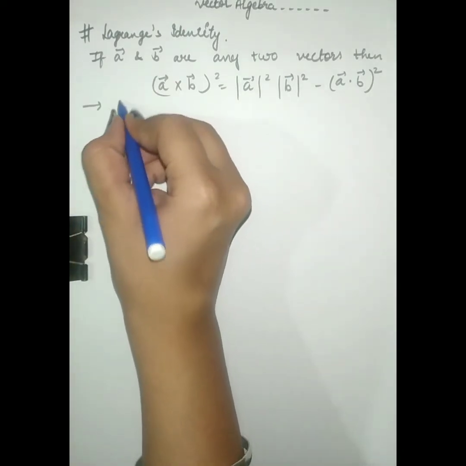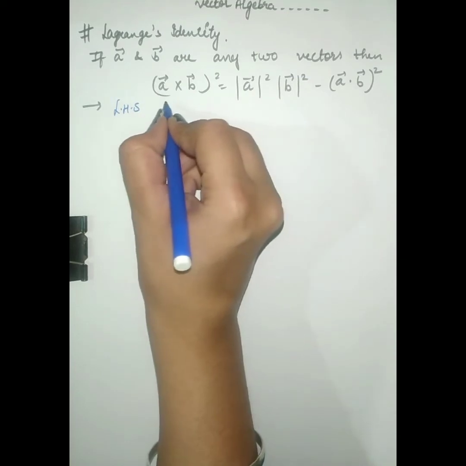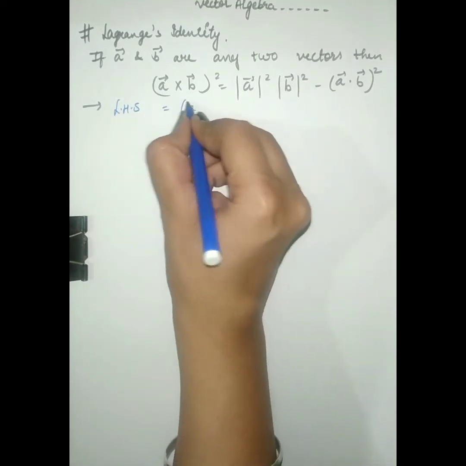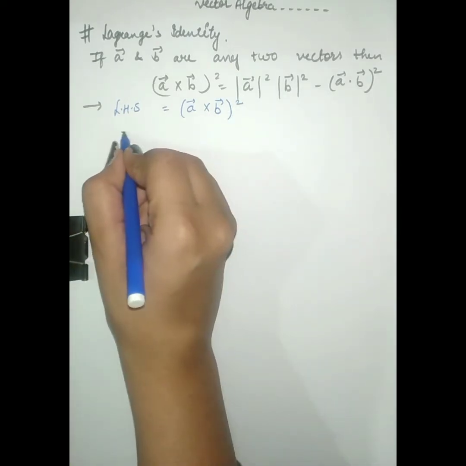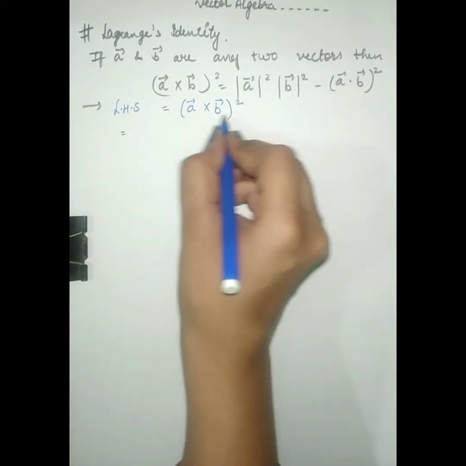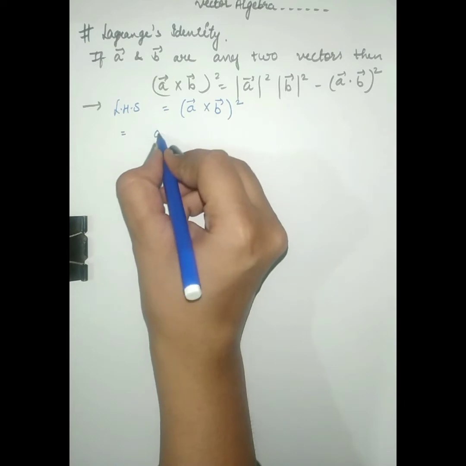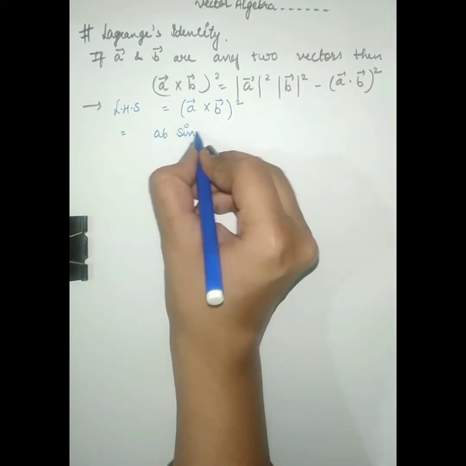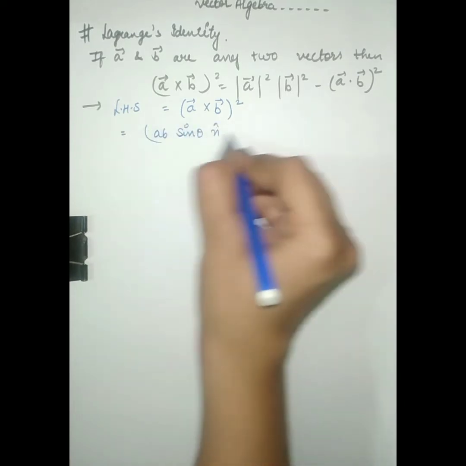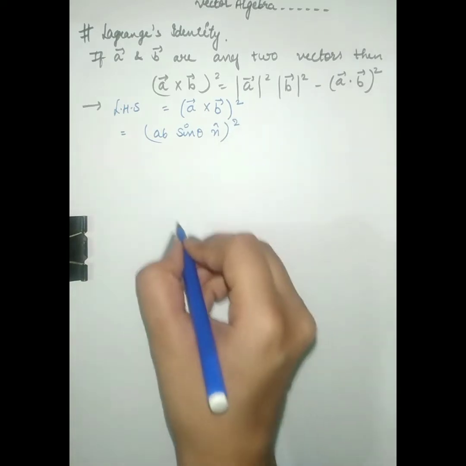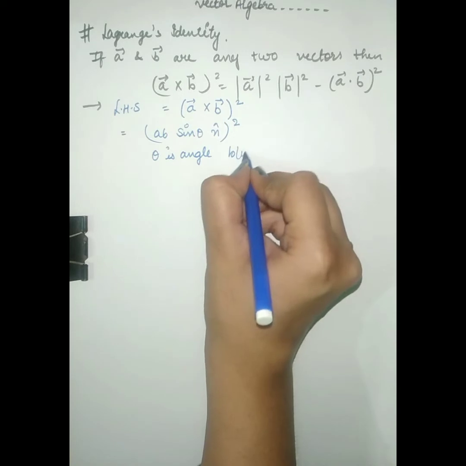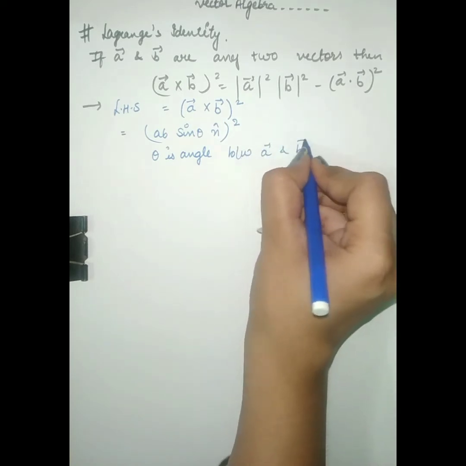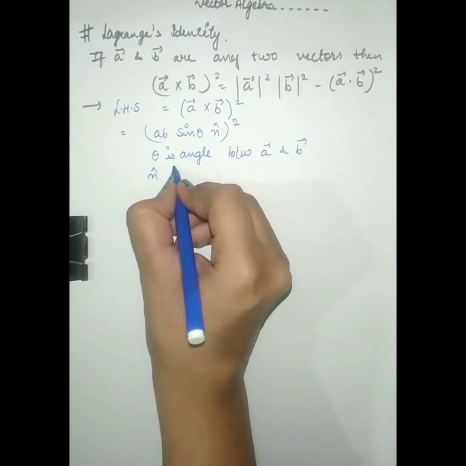For proving, we have to take the left hand side, which will be equal to A vector cross B vector whole square. And we know that the cross product of two vectors will be equal to AB sine theta into n cap whole square, where theta is the angle between A vector and B vector and n cap is a unit vector.